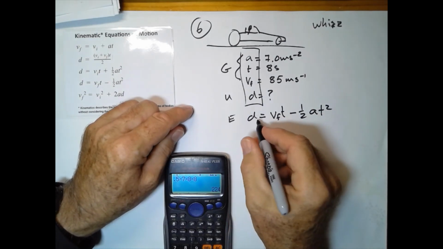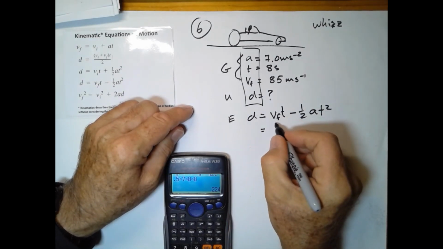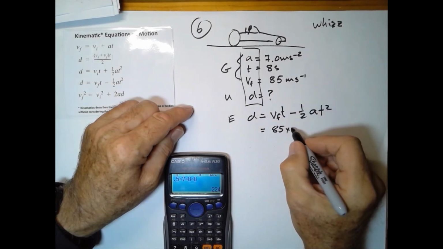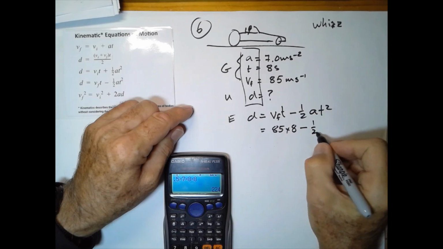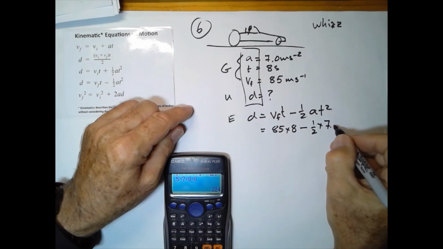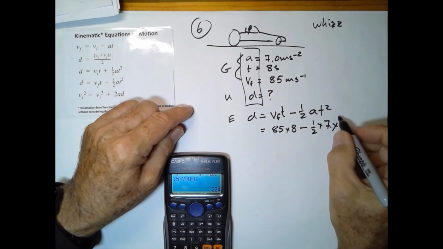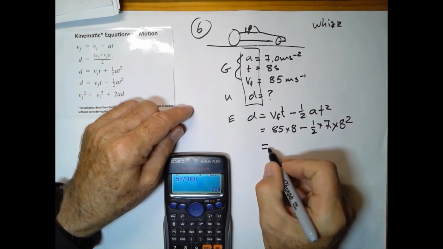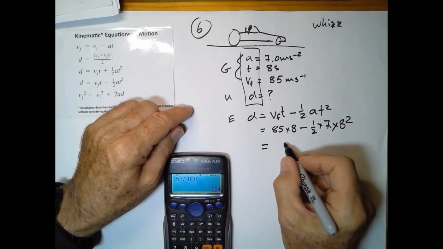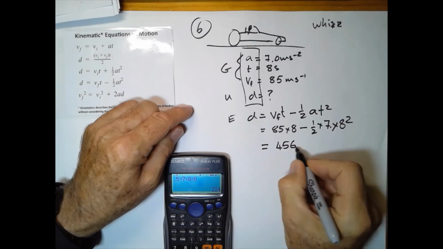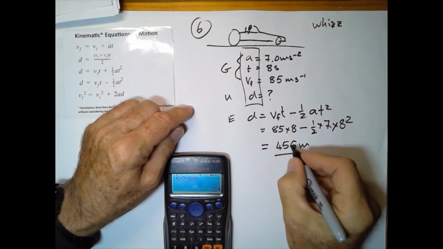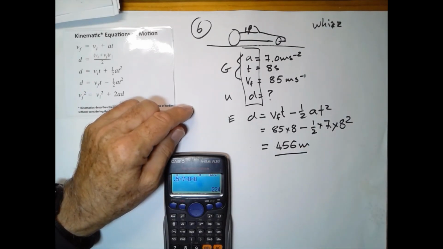So displacement is equal to final velocity 85 times time 8 seconds minus a half times acceleration 7 times time squared, so it's 8 squared. Work it out, and the answer is 456 meters. That's the amount of distance it's gone.